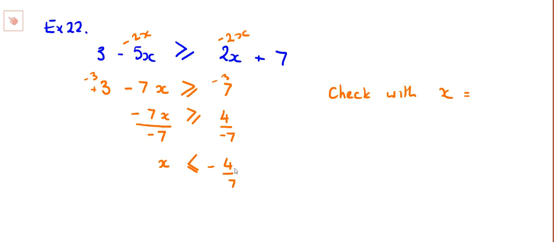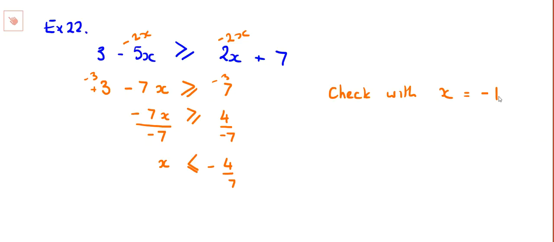Nice and easy one. No fractions, tip, no fractions if we can. Give me the first easy number less than minus 4 over 7. Negative 1. Yeah, negative 1 is less than minus 4 over 7.